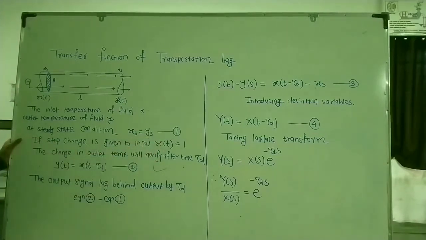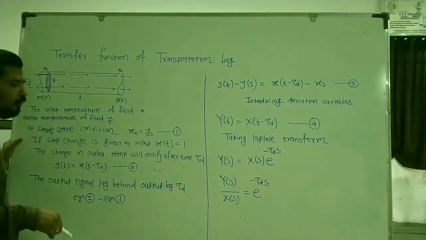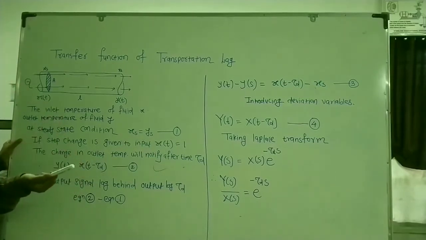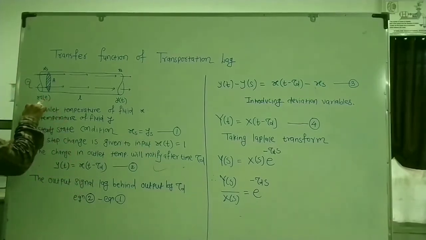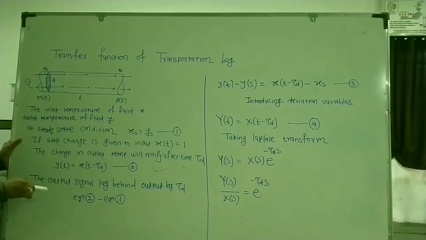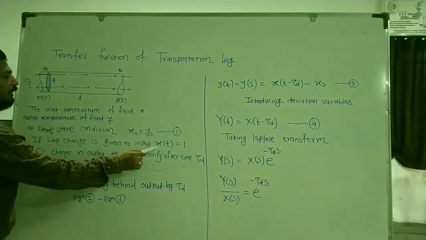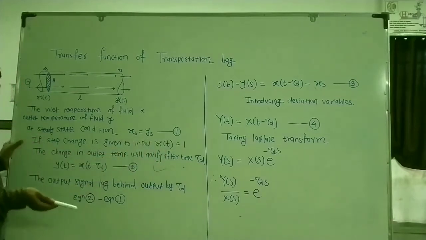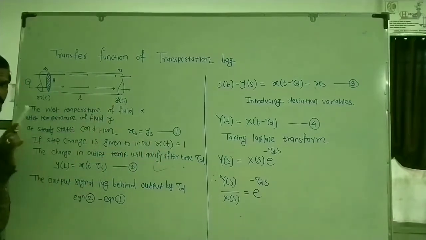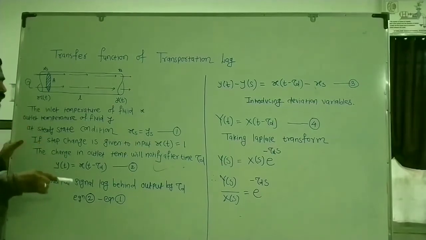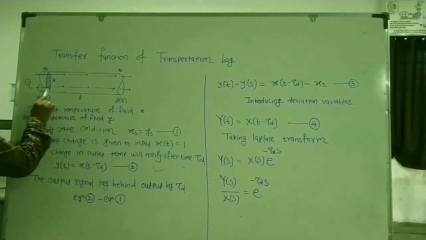Consider this equation number 1. Now at time t equal to 0, I give a step input to the inlet temperature. Suppose the step change is given to the input, x of t is equal to 1. Will I observe the change in the output at the same time? No, I will require some time for that. The change in the output will notify me only after some time to transfer this fluid.